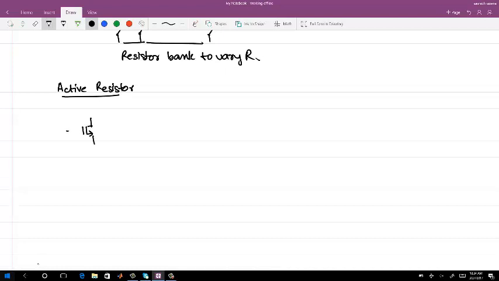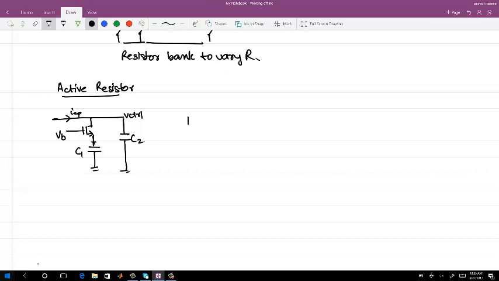So let me say I'm using an active resistor, which is VB, this is V control, this is C1 and C2, and your charge pump current is coming here.